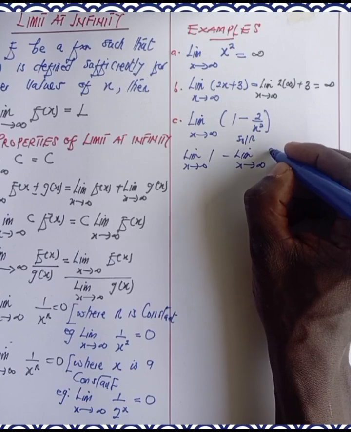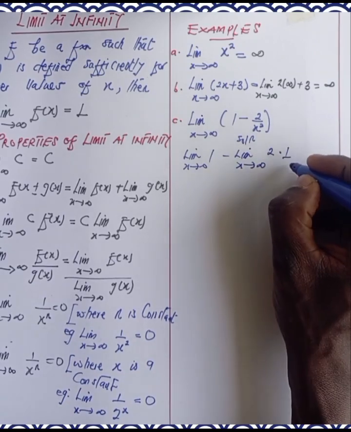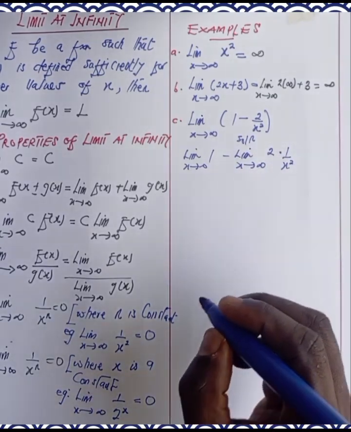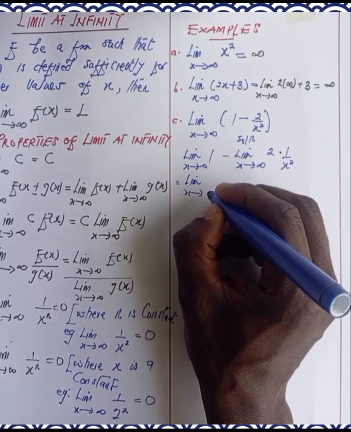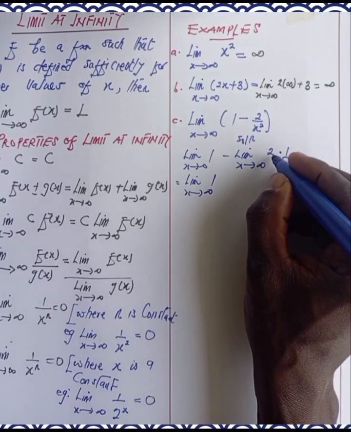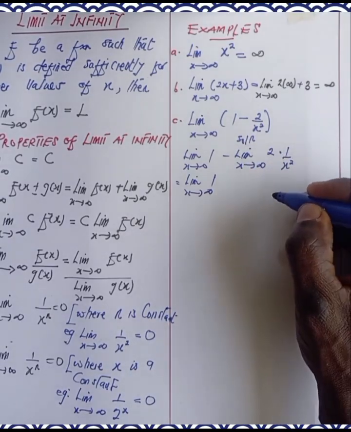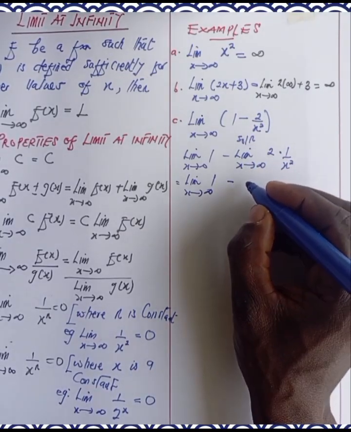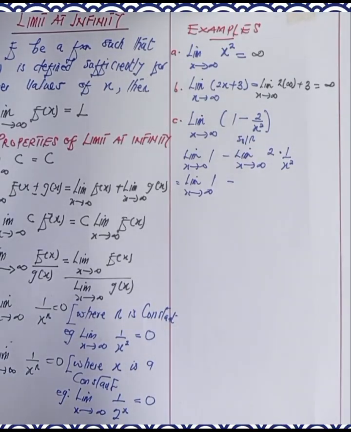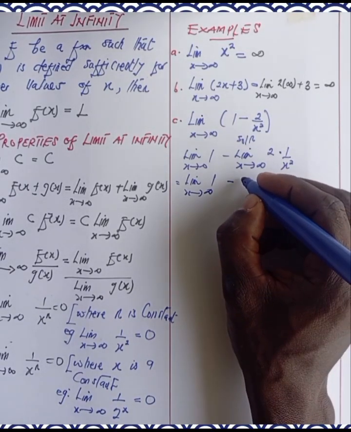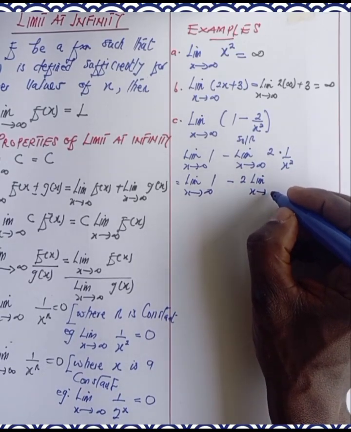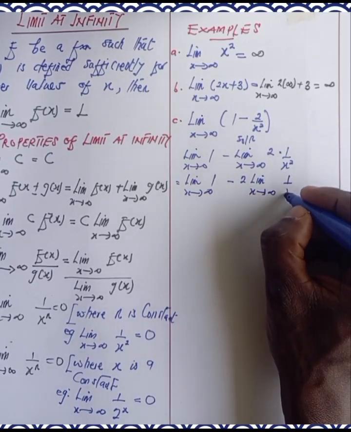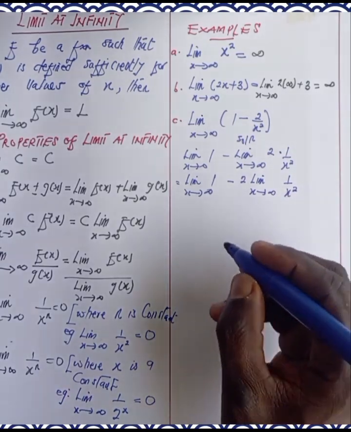We can factorize 2 out and then we'll be left with 1 over x squared. Finally, we can get the limit as x approaches infinity of 1. The limit of a constant times a function is a constant times the limit of the function. So we are going to get 2 times the limit as x approaches infinity of 1 over x squared.